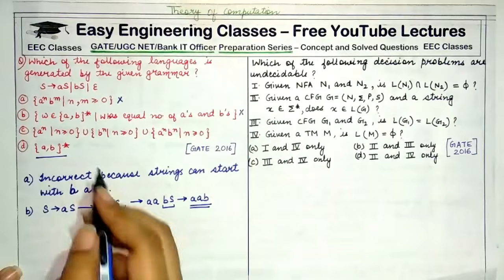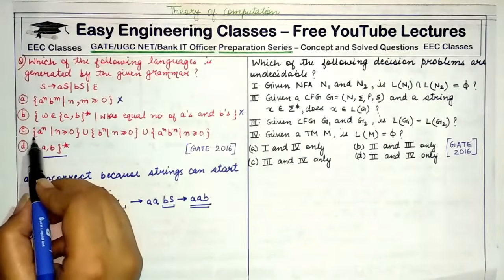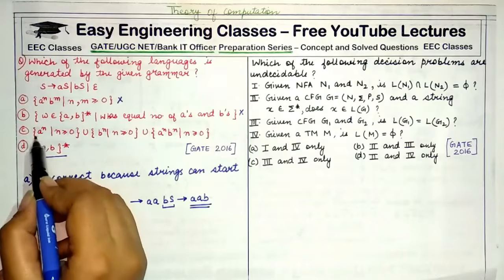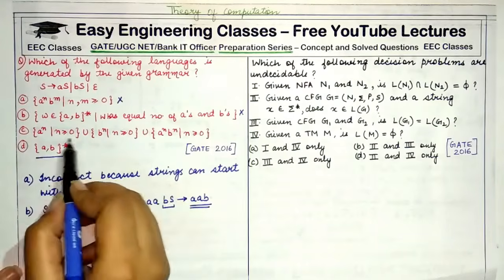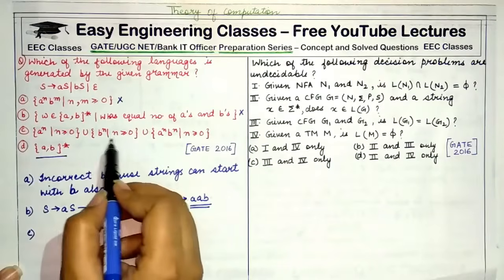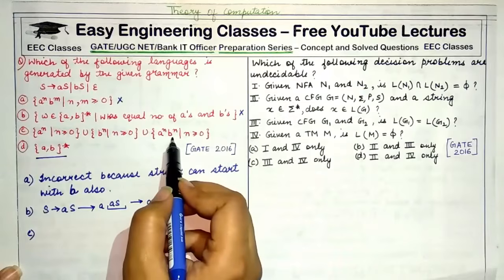Okay, now coming to the third option, option C states that the language contains strings that have only some A's, only some B's, and only some A's followed by an equal number of B's.